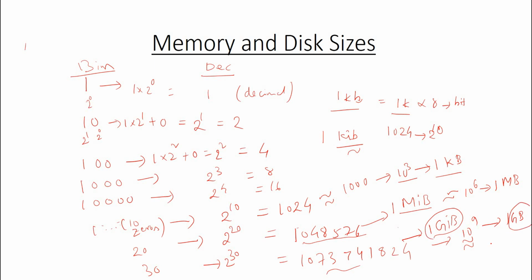So 1 GiB in computers is approximated as 1 GB by manufacturers. That is why when we allocate RAM or disk sizes by the manufacturers to the machines, the actual values will be lesser than these sizes. So let me explain that. Here let's take an example. For example, we have created a virtual machine and we have attached 4 GB RAM to that machine. When we say 4 GB, that means 4 GB in decimal, which is nothing but 4 into 10 power 9 bytes.